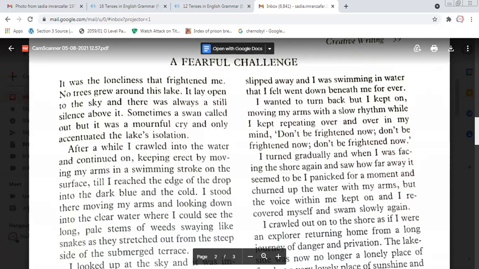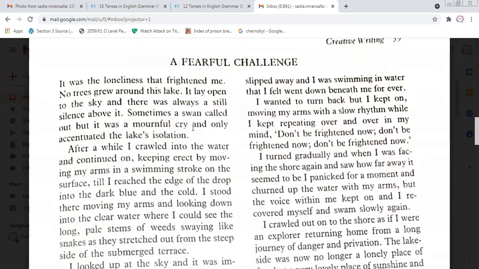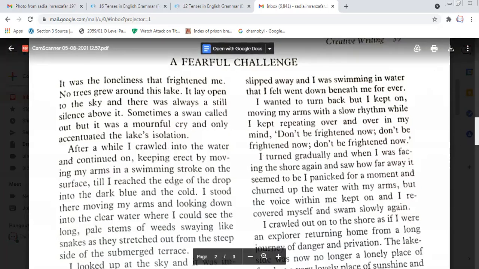I turned gradually, and when I was facing the shore again and saw how far away it seemed to be, I panicked for a moment and churned up the water with my arms, but the voice within me kept on, and I recovered myself and swam slowly again.